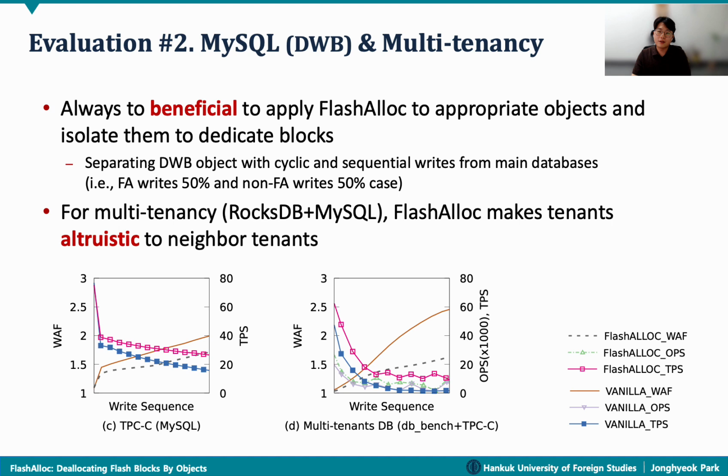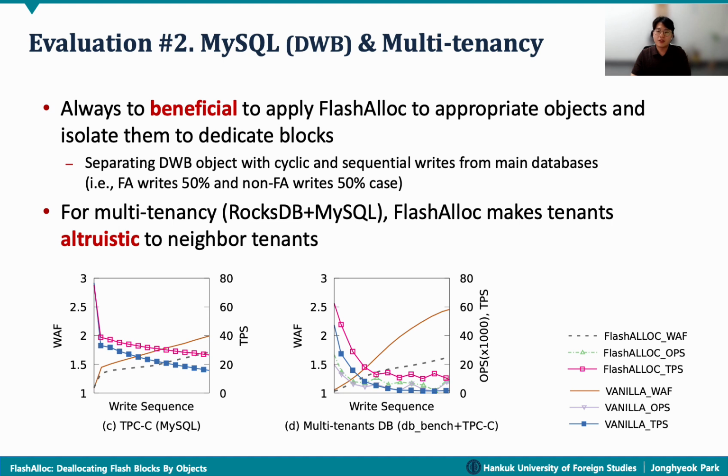Next, in MySQL, the double-write buffer is used for guaranteeing atomicity. Before flushing dirty pages to their original locations, MySQL sequentially appends writes to the double-write buffer, which occupies a continuous logical address space. Therefore, we separate the double-write buffer in MySQL, which has cyclic and sequential writes, from the main database.